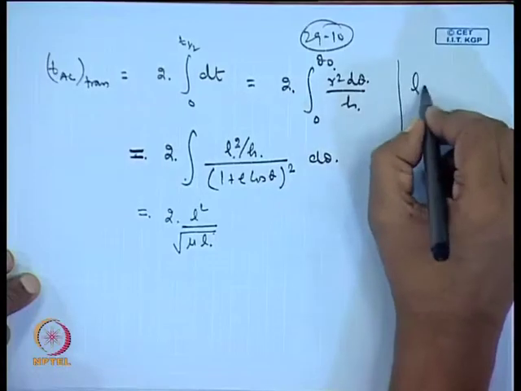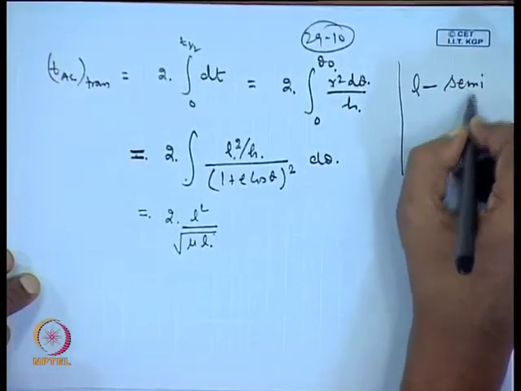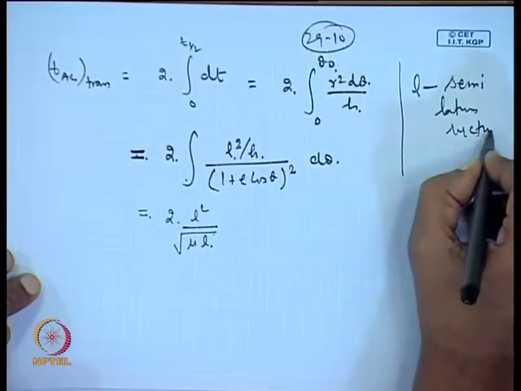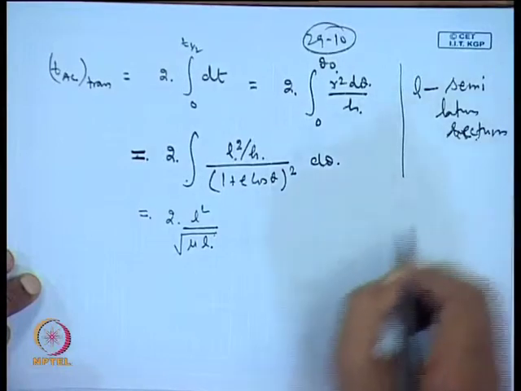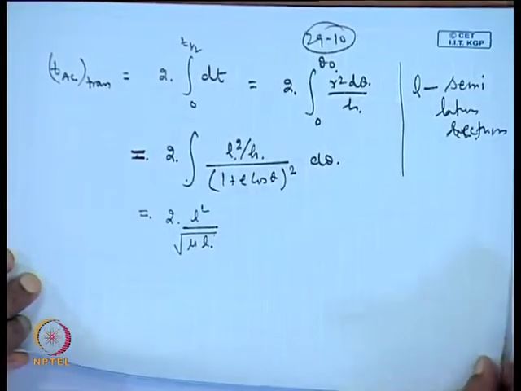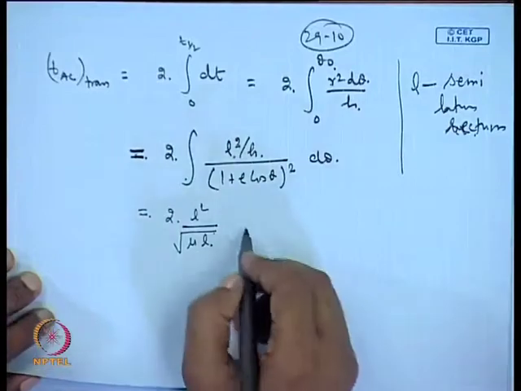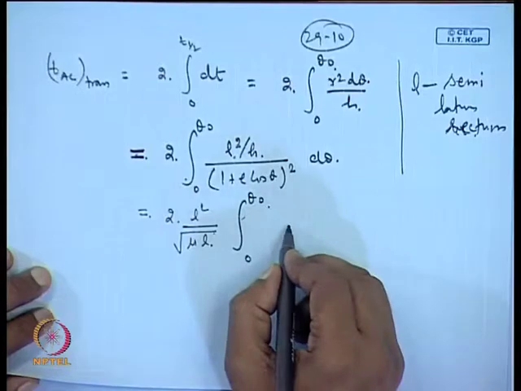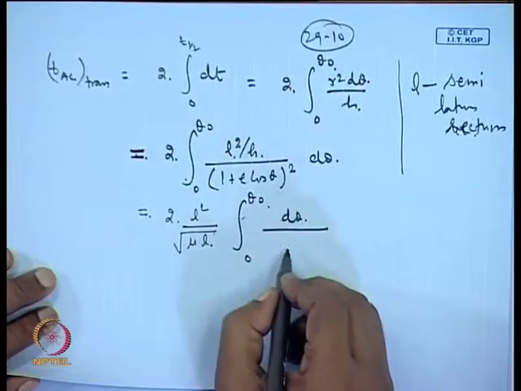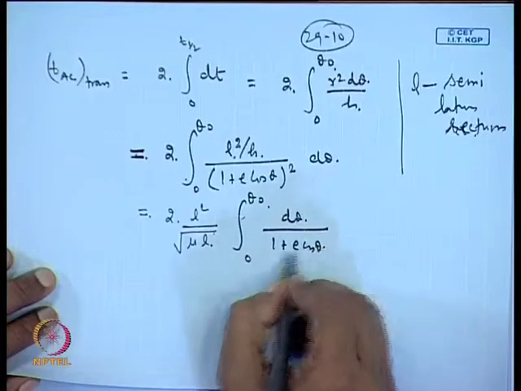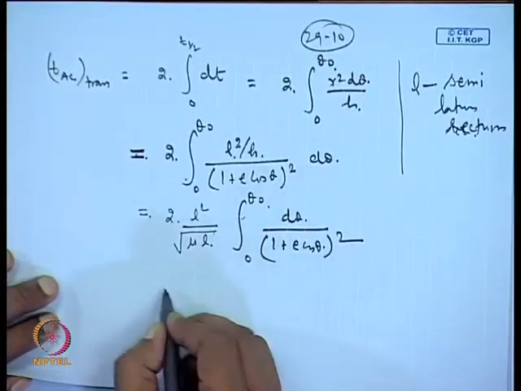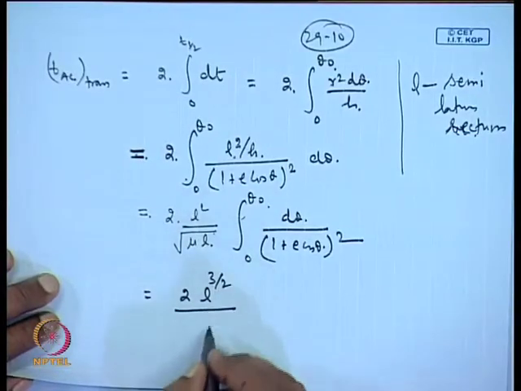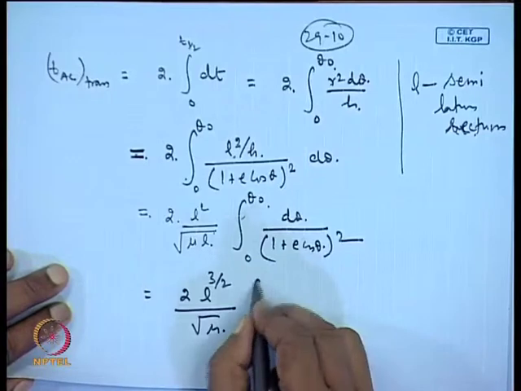Here L is the semi-latus rectum, from zero to theta 0. So, this gets reduced to 2 times L to the power 3 by 2 by square root of mu.